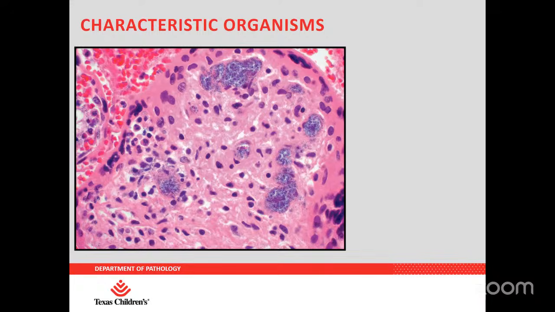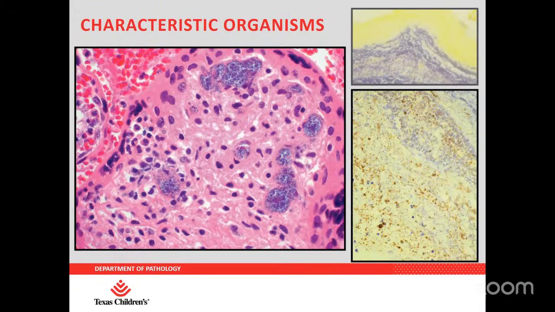These colonies are often found along the membranes or within the fetal vessels. There's a Gram stain at the top right, and immunohistochemistry, which often isn't used but can be done, for group B strep in the image at the bottom right. Group B strep is a frequent colonizer, but also a leading cause of neonatal sepsis, producing the classic neutrophilic pattern of placental infection.